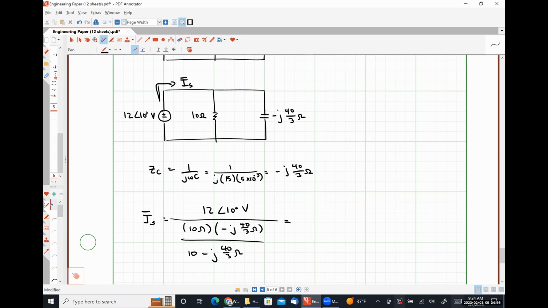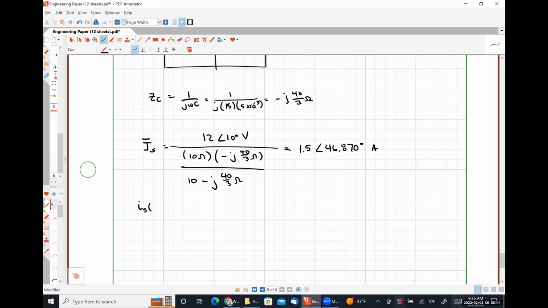And if I put this into my calculator, 12 angle 10 divided by 10 times negative 40 thirds j over 10 minus 40 thirds j, I get 1.5 angle 46.870 degrees amps.